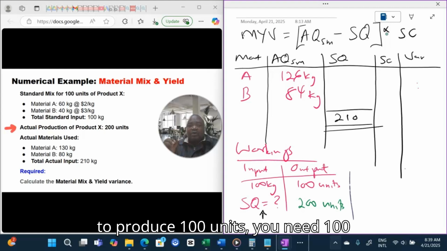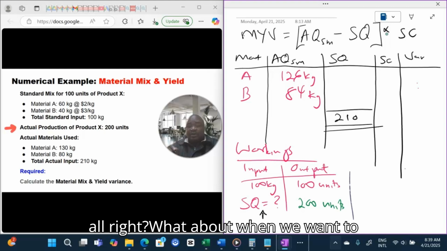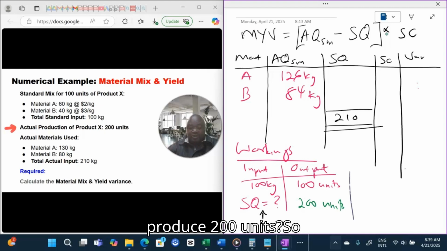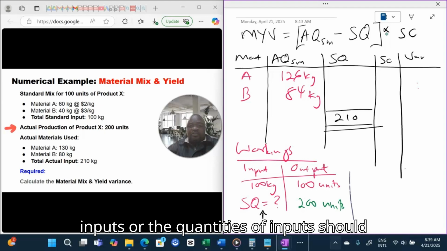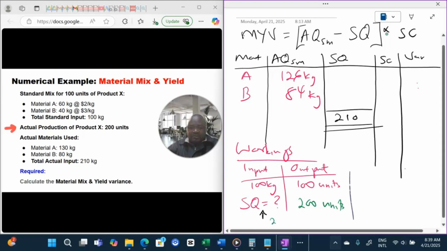We know that to produce 100 units, you need 100 kgs of raw materials. What about when we want to produce 200 units? So if we produce 200 units, the quantities of inputs should be found by 200. Let me just write here.